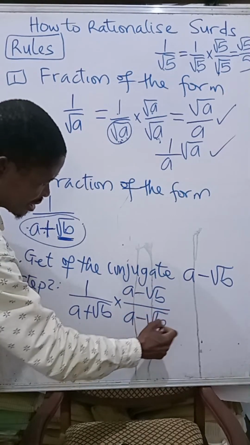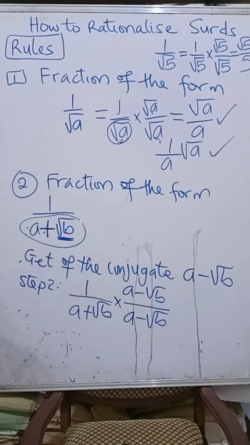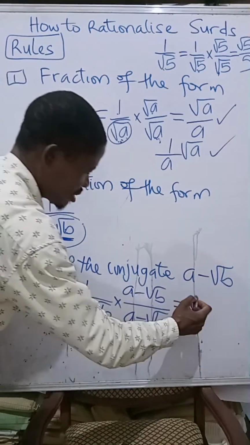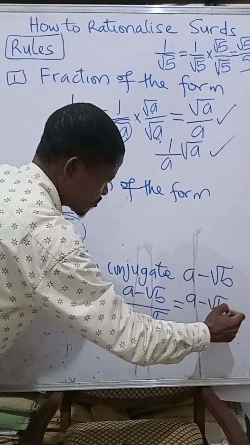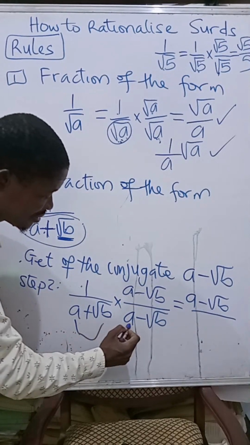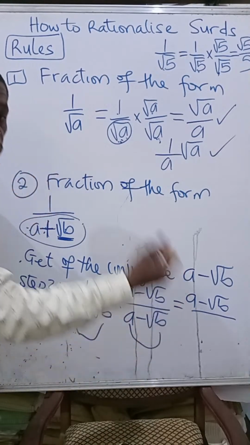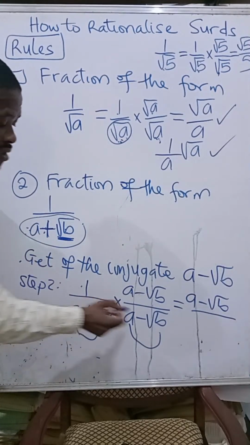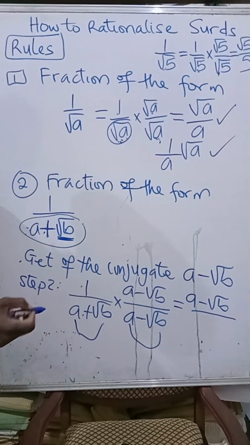Use it to multiply the numerator and denominator, and that will be equal to 1 times the numerator, that's a minus root b, over. If you check the denominator, you realize that you are having the same expression but opposing sign. This is plus, this is negative. This is plus, this is negative.